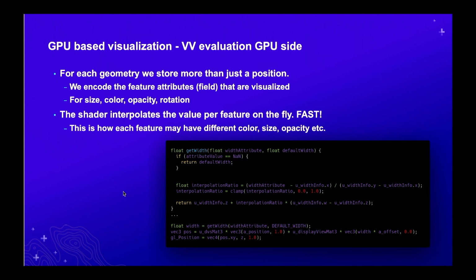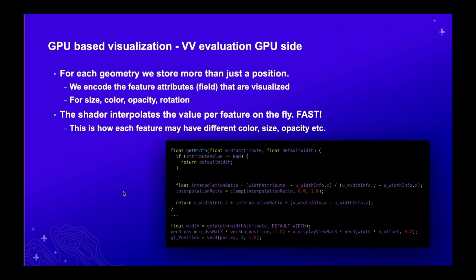Then when we execute the draw, the shader code takes that value for those vertices for that feature, and it computes the values on the fly, given the ranges that we pushed through uniforms. Those ranges would be the minimum and maximum attribute value, and maybe the size. All that is left for the shader to do is a very simple linear interpolation to compute the values on the fly.